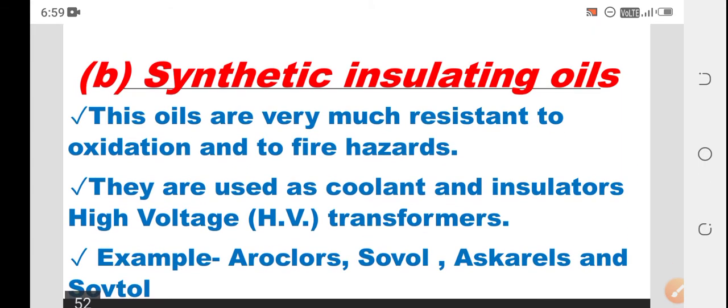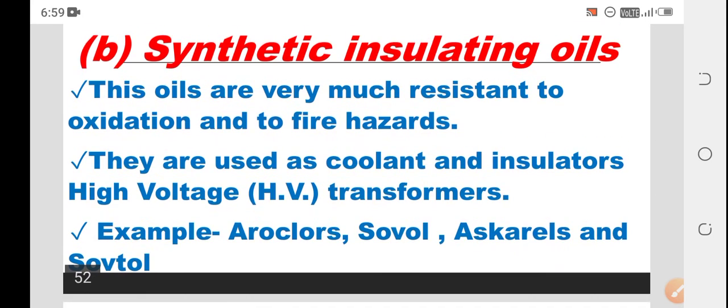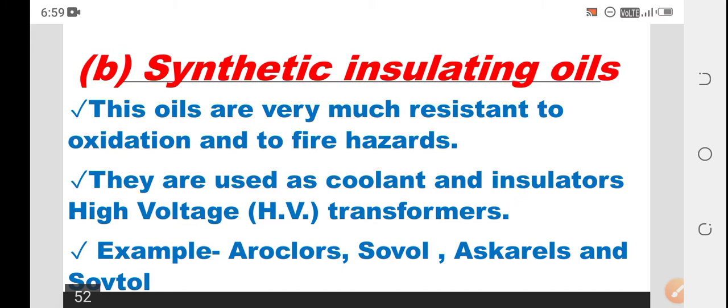About the second one, synthetic insulating oil. These oils are very much resistant to oxidation and fire hazards. They are used as coolant and insulators in high voltage transformers. Synthetic oils are nothing but prepared oils.